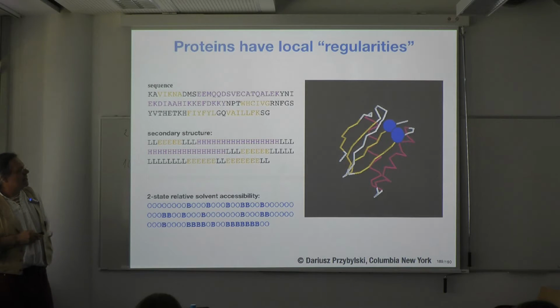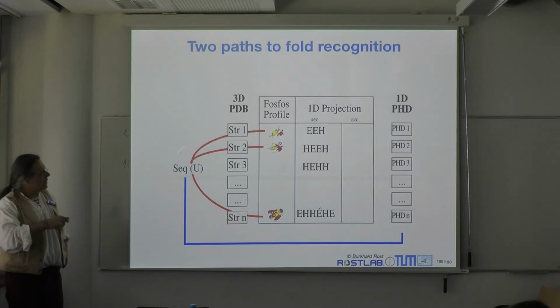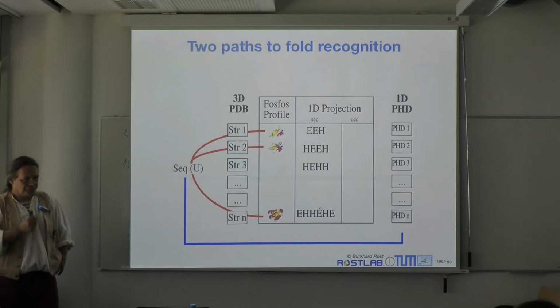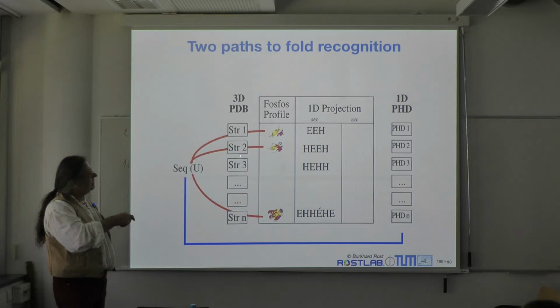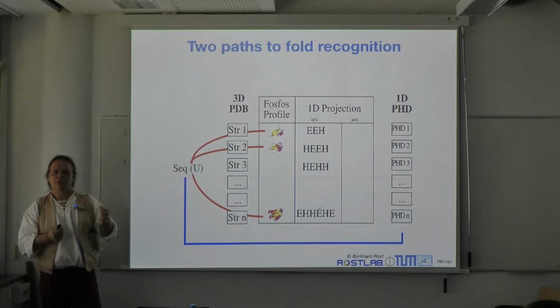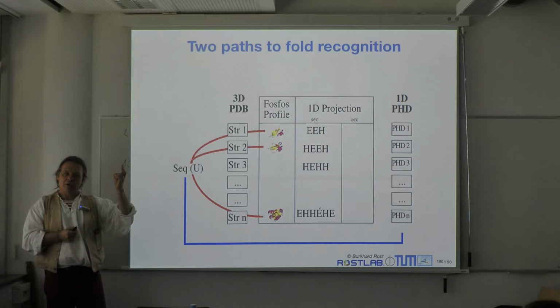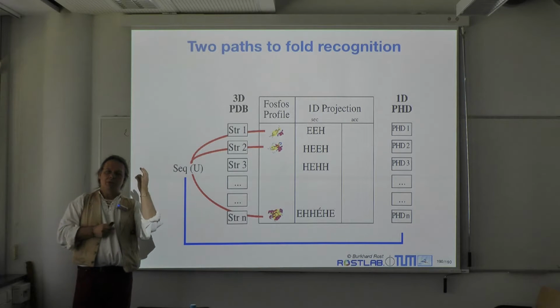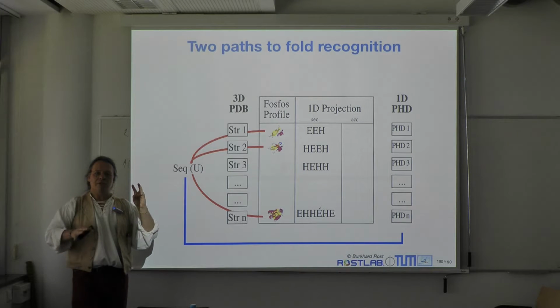And that is the idea of threading in principle, where we take 3D structures, take sequences and align them into these structures and compile some fitness of the structure for the sequence. So we simply say, okay, if it adopts that 3-dimensional structure, then that would mean that two positively charged residues will be next to each other. This is unlikely, so this is going to get my energy function down.